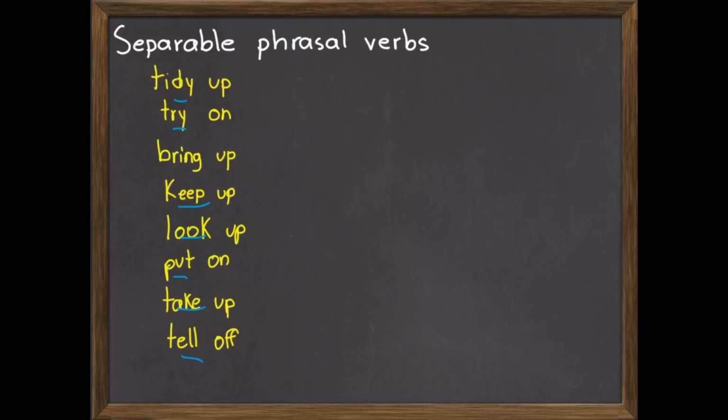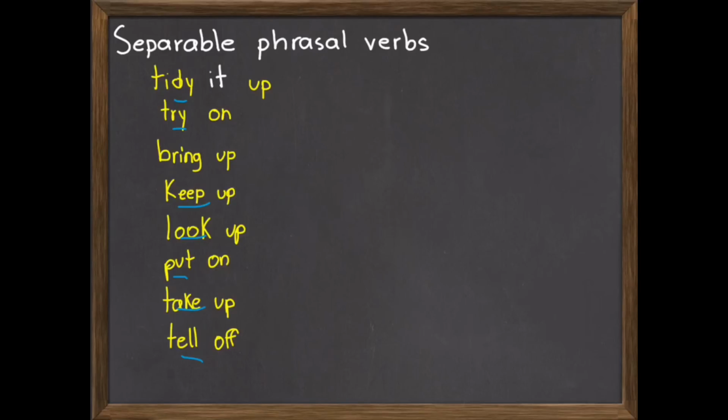If it's a pronoun, it would go between the verb and the particle. For example, the pronoun it would go between tidy and up: tidy it up.